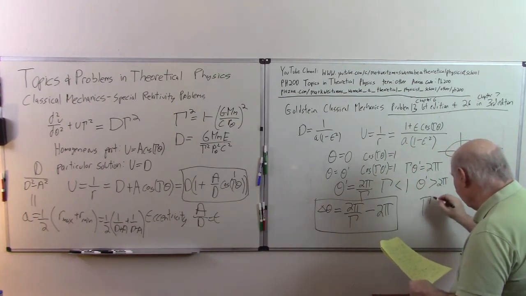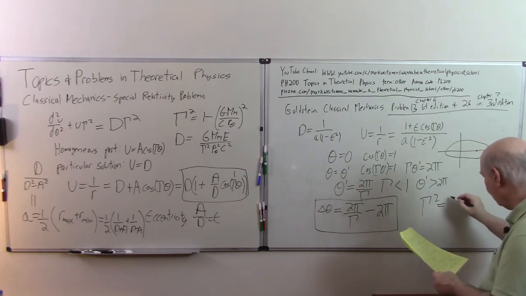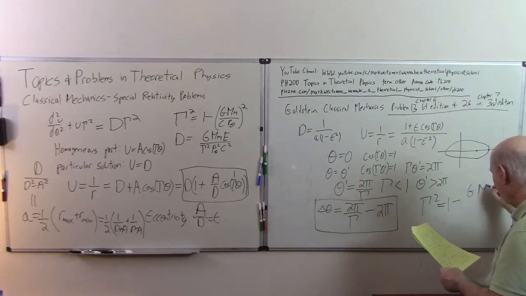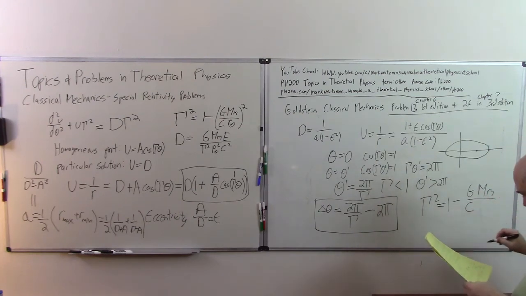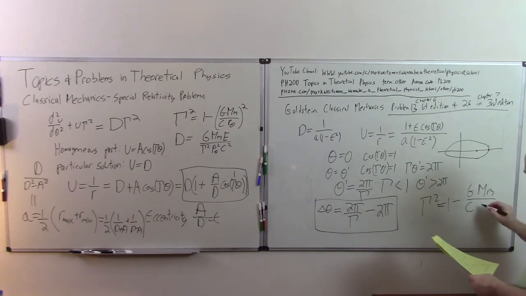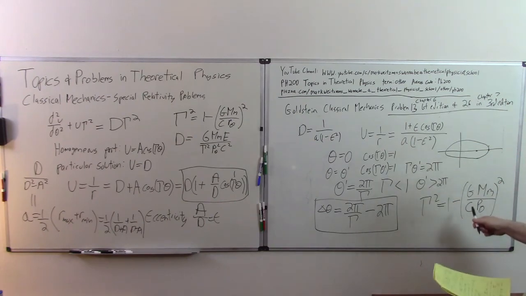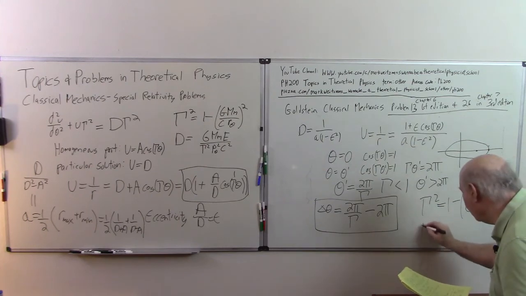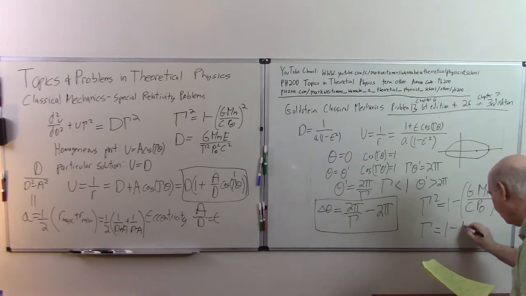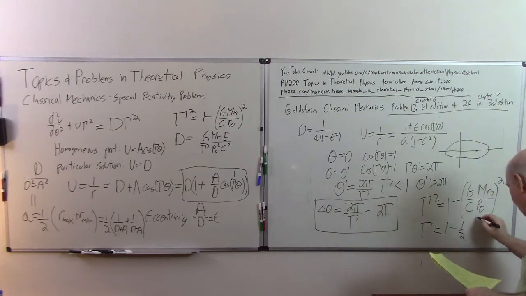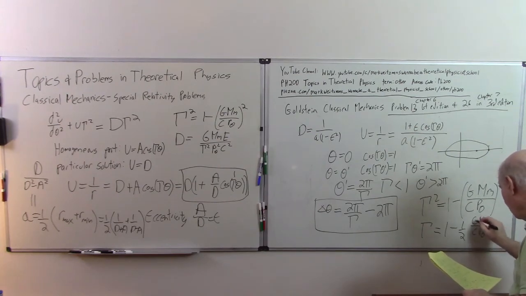And I'll write down that definition for gamma squared. Gamma squared equals 1 minus GMM over C, I'm going to stop writing, okay, I'll do it now, but over C P theta squared. Since this is small, by binomial expansion for the square root, gamma is 1 minus 1/2 GM over C P theta.